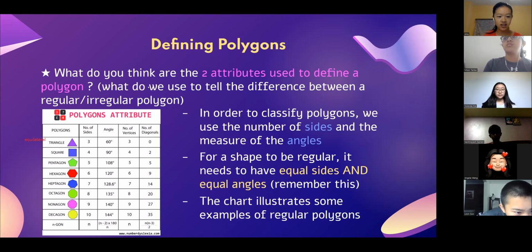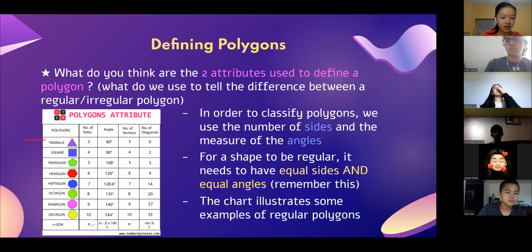Then you have pentagons, hexagons, heptagons, which have 7 sides, octagons, which have 8 sides, nonagons, which have 9 sides, and decagons, which have 10 sides. You probably notice as we go down the list, the shapes start to look more like circles. As you get more and more sides, it starts to become a circle, if you know what I mean. So that's just one thing to keep in mind.